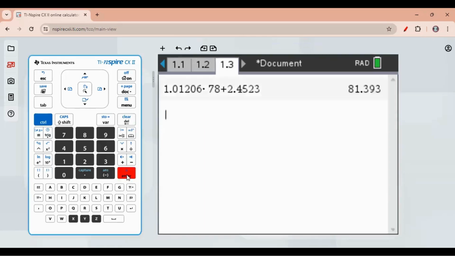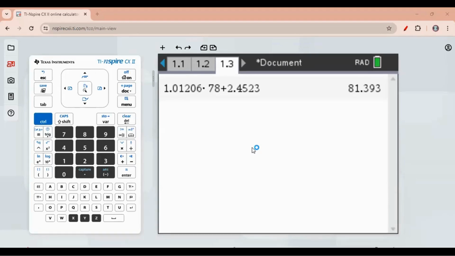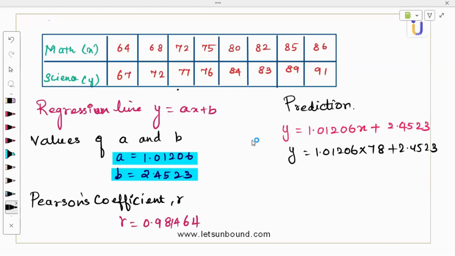And that's simple. So it is 81.39. And let's close the question. So if the math score is 78, the respective science score is approximately 81.393.